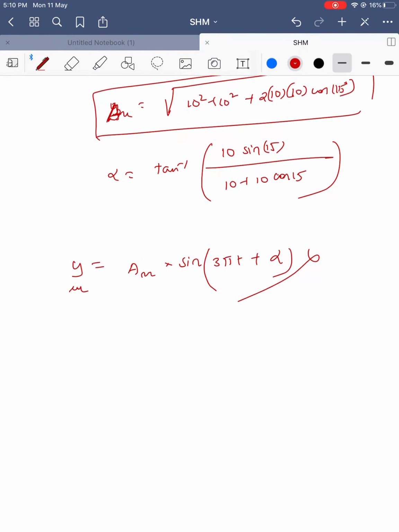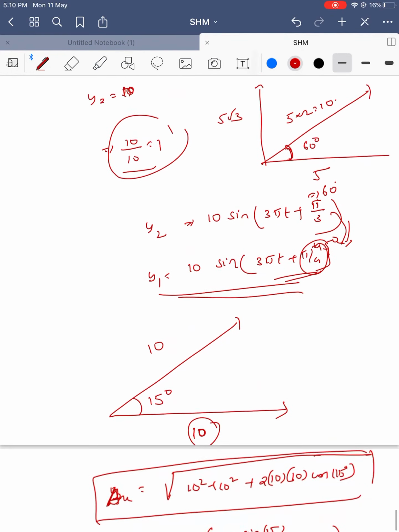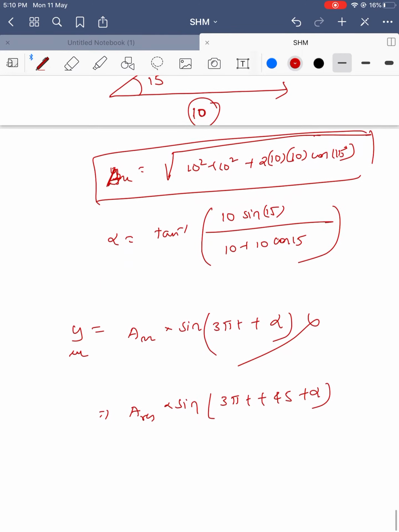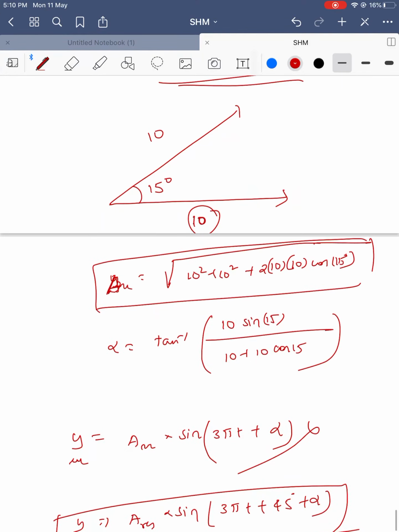So this is a very important point. A resultant into sine of 3 pi t plus 45 plus alpha. I am considering the bottommost, the last one. From there, how much is it more? So it is tan of 45 plus alpha. So this is the y value, the displacement equation. Okay, thank you.